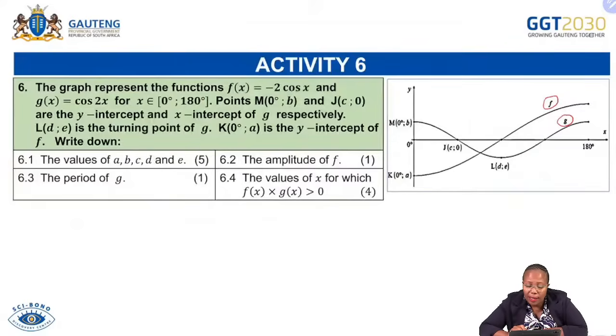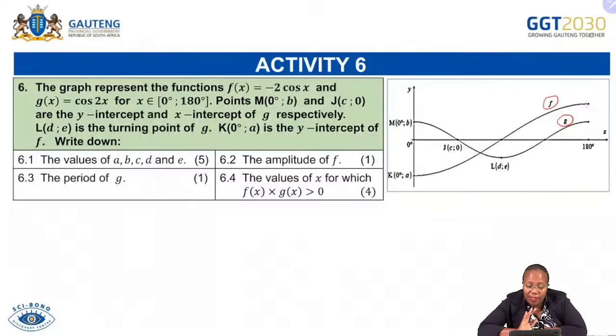Point M (0 degrees, B) and point J (C, 0) are the y-intercept and the x-intercept of g, respectively. L (D, E) is the turning point of graph g. And K (0 degrees, A) is the y-intercept of f. Write down the values of A, B, C, D, E.